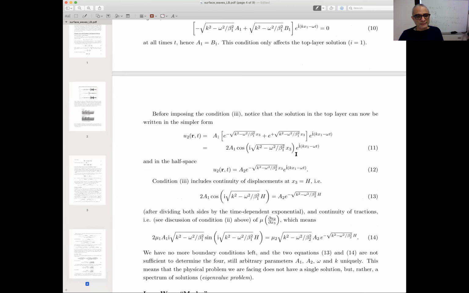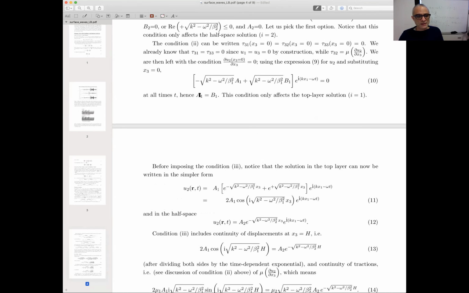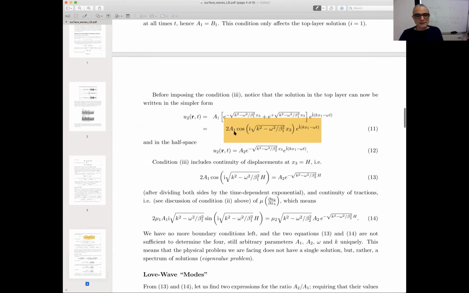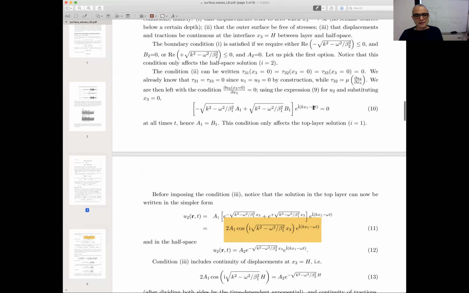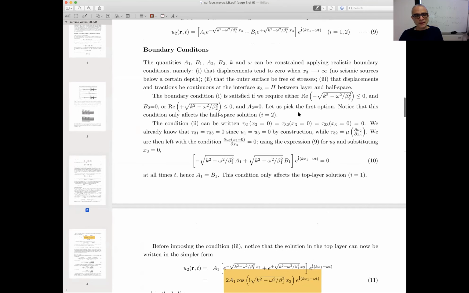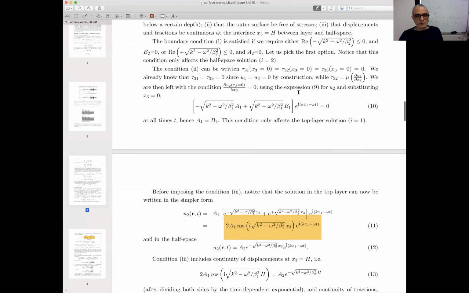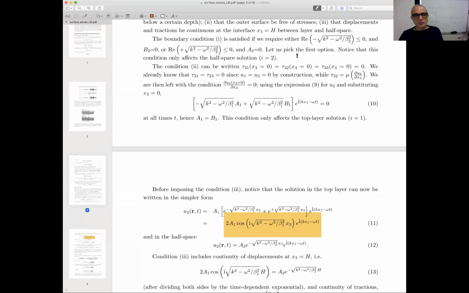So the first of these constraints is that A1 equals B1. Okay, so that simplifies the solution a bit, and we are left with the displacement having to coincide in the top layer. Okay, because these are conditions applied in the top layer. It has to coincide with this guy, and in the half space, we applied our condition that at infinite depth, it has to look like that.